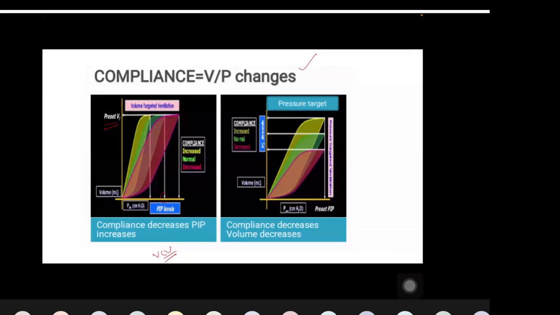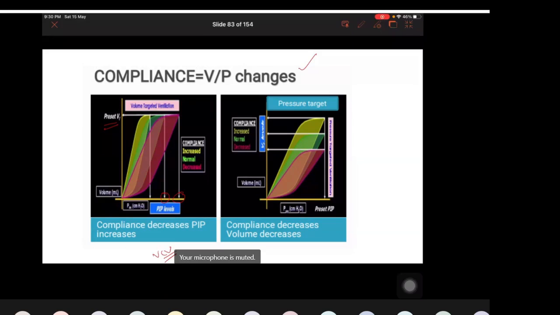But when the compliance of the lung reduces, what happens? The curve will shift towards the right side. That means a much higher peak inspiratory pressure will be generated to produce that much tidal volume. Whereas in a highly compliant lung, as in COPD, the pressure generated is much lesser compared to that of a normal lung. So the curve will shift towards the left side.